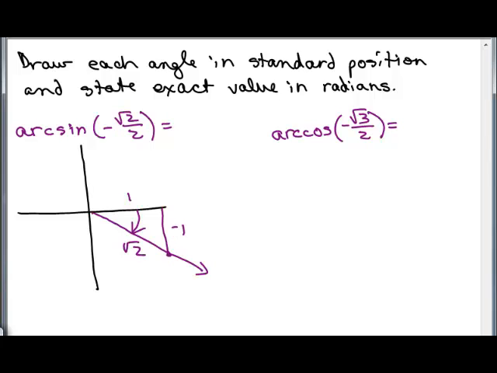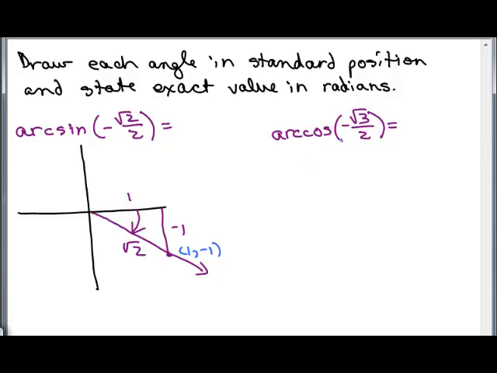Remember that really represents this ordered pair, this y value here. 1, negative 1 is one of the ordered pairs that goes through, and you can see that the sine of this angle would be negative 1 over square root of 2, which is the same as negative square root of 2 over 2. So that's the first one.